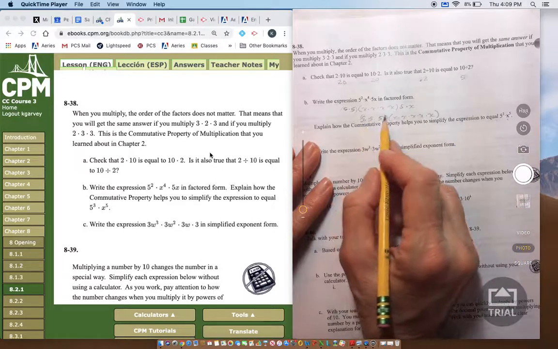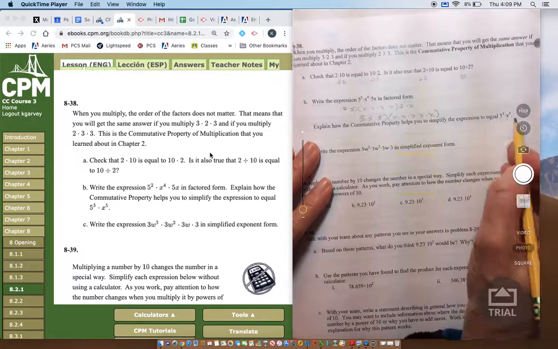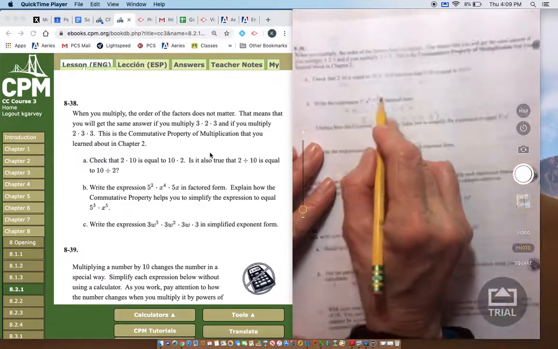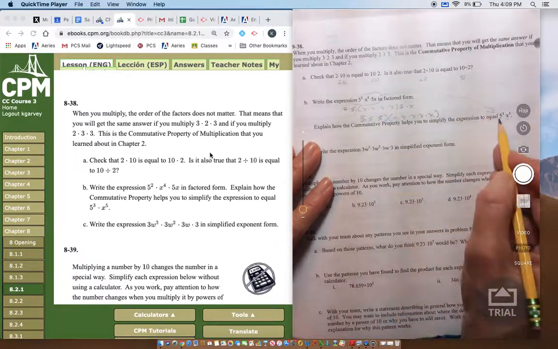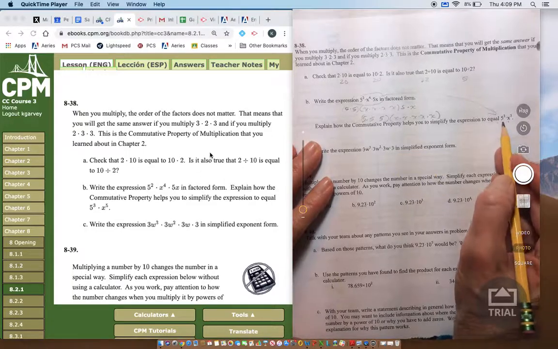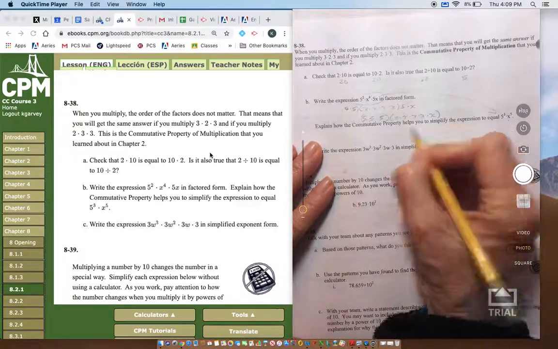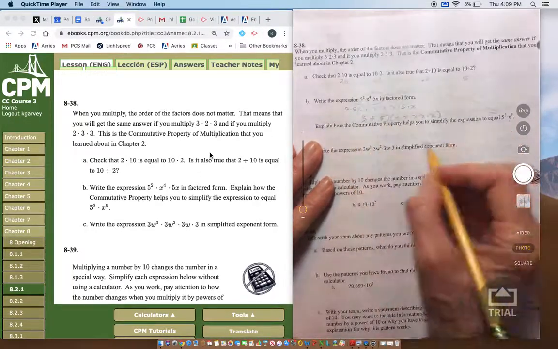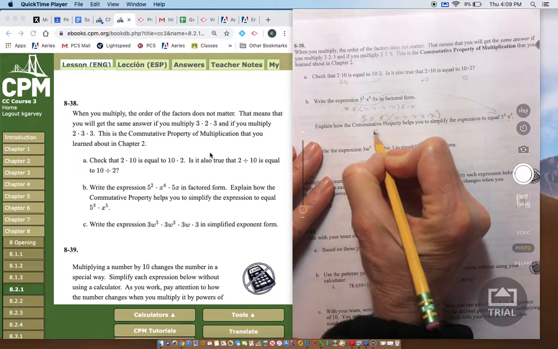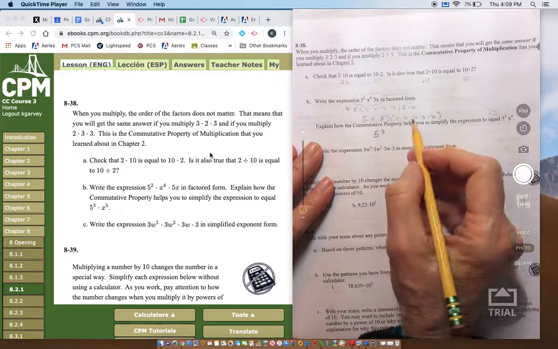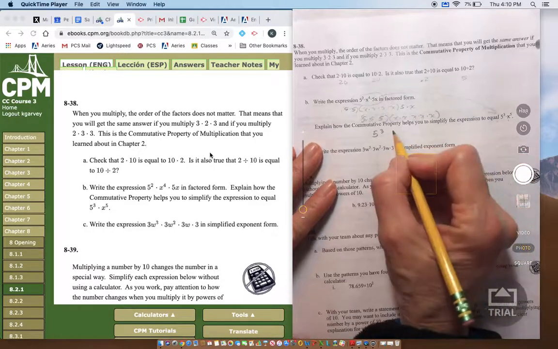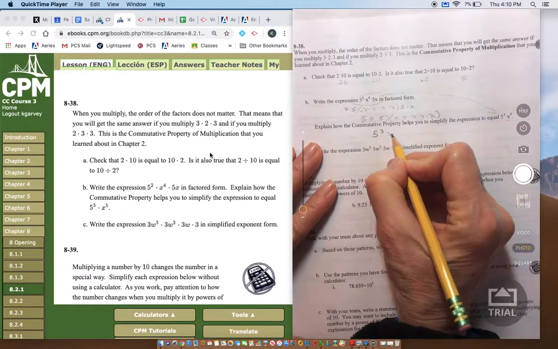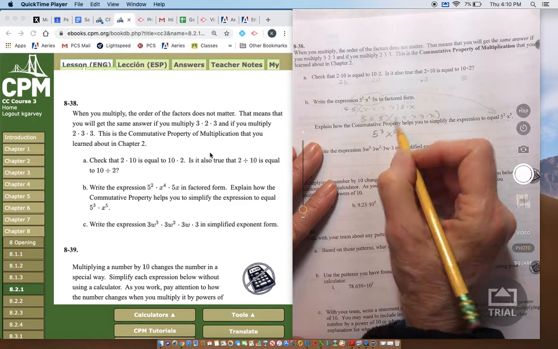So when they're together, it's really easy to see that this expression here is equal to this expression, because 5 multiplied times itself 3 times is 5 to the third power, and x multiplied times itself 5 times is x to the fifth power.